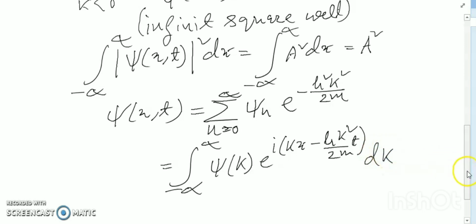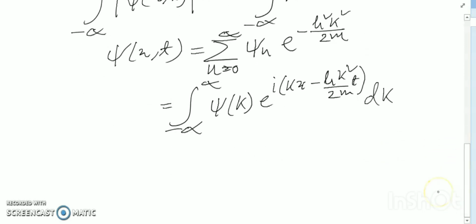Okay, very simple, friends. Now, summations when continuous are converted into integrations. So this is my possible state. Remember, this is my possible state, it can be written this way.